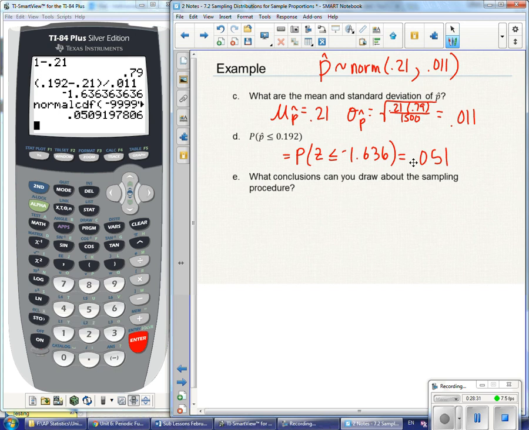But in this case, just for the sake of argument, since the sample result is so unusual, it shouldn't have occurred. Well, it likely did not occur by chance. How about if I put it that way?